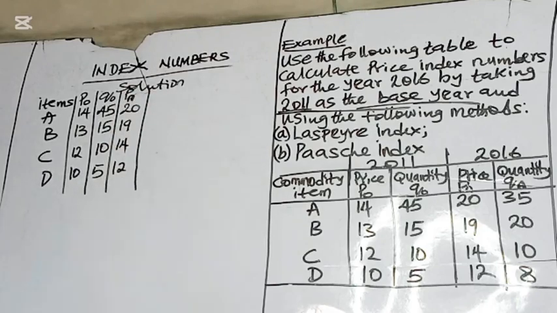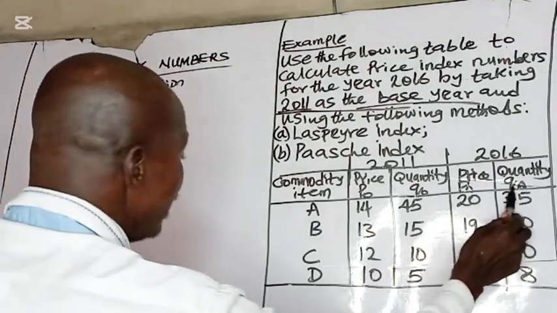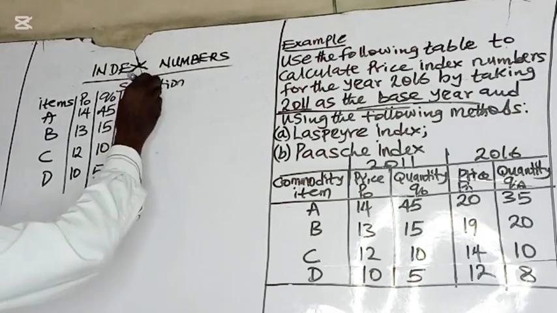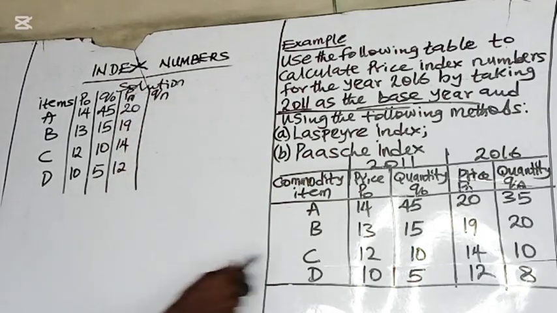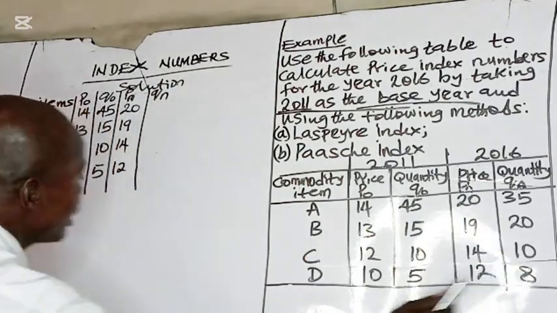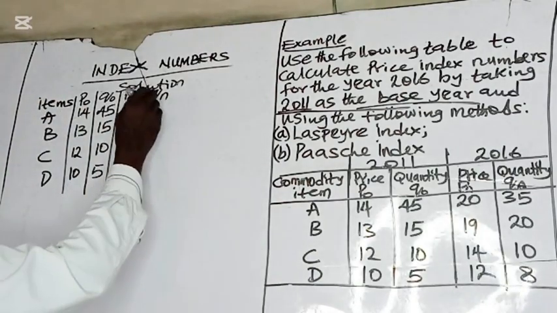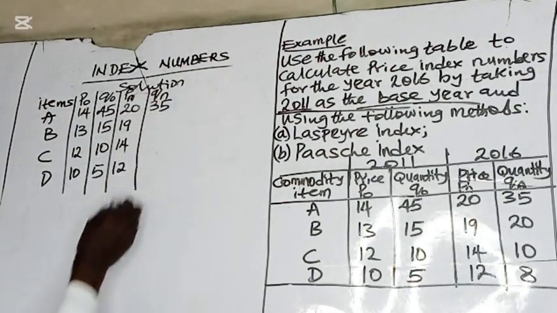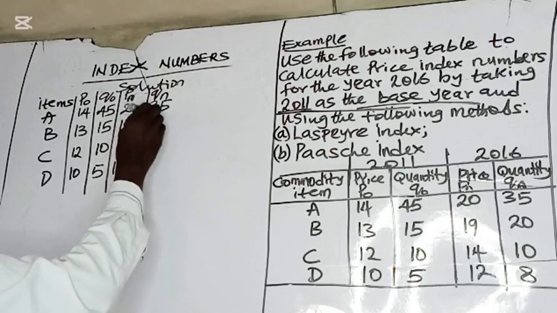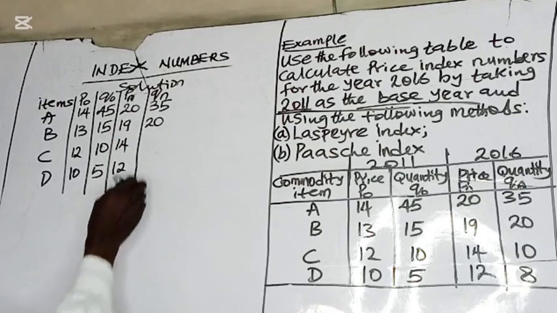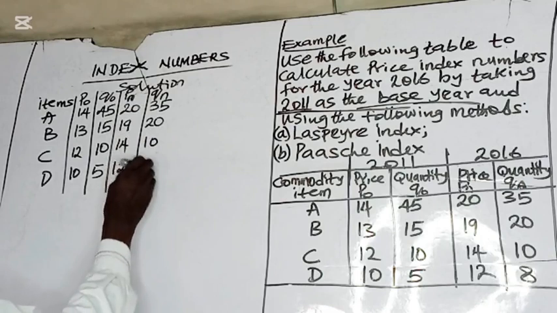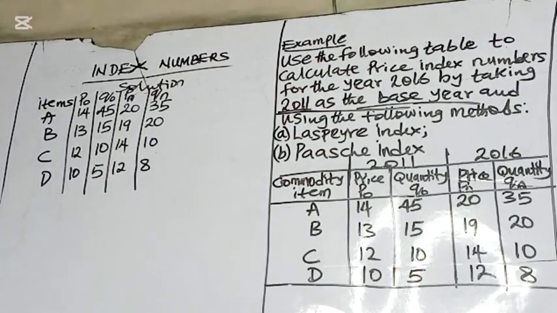Then we are equally given QN, and that is 35, 20, 10, and 8. Now, you go back to the requirement.